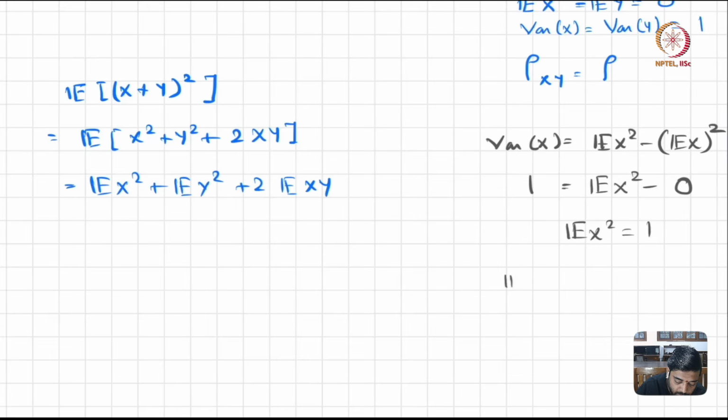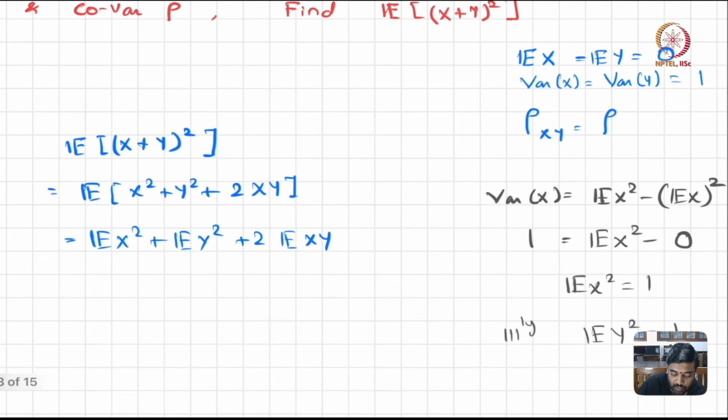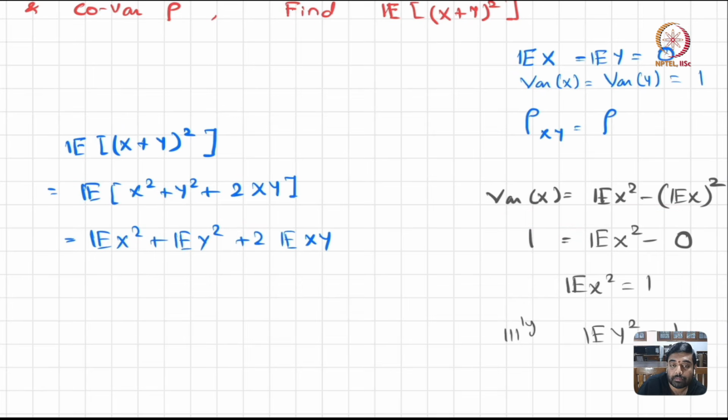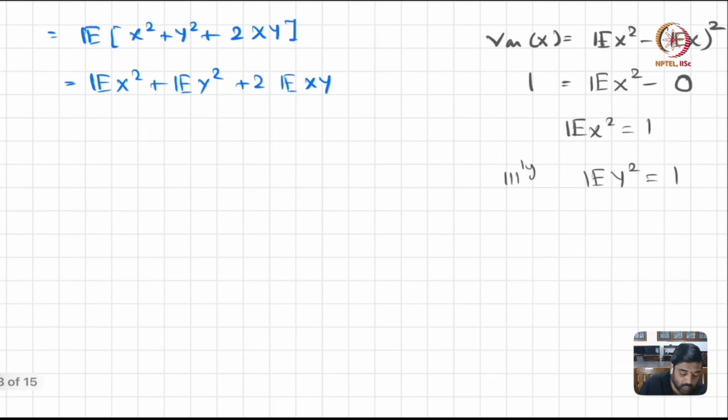Similarly, expectation of y square is also 1. By using this variance formula, which is a new learning in our case, we understood these two things. Now I just need to know expectation of xy. How do I know expectation of xy?